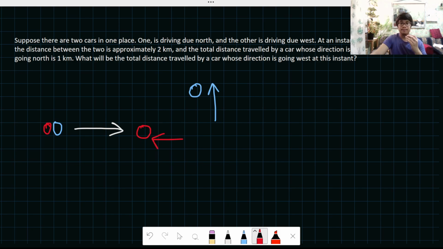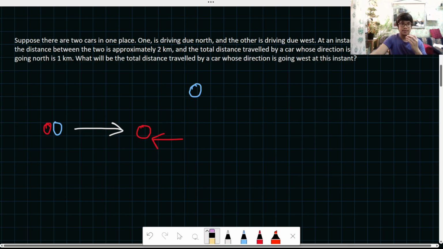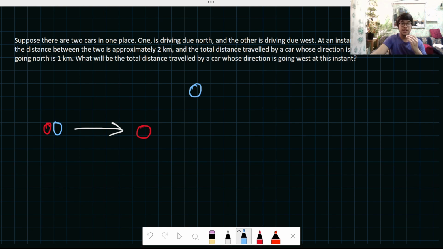Now, at an instant, the distance between the two is approximately 2 kilometers. So let's just say that at this instant, the distance between the two is 2 kilometers. And the total distance traveled by a car whose direction is going north is 1 kilometer. So let's just say that this is the starting position.